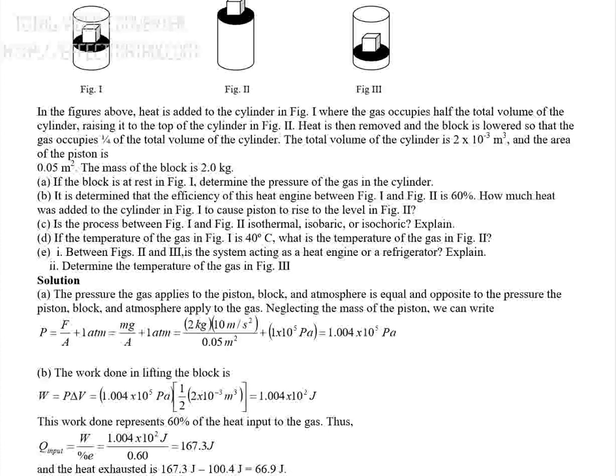The total volume of the cylinder is 2 times 10 to the power of -3 cubic meters, and the area of the piston is given, and the mass of the block is also given. In A, we are asked to determine, if the block is at rest in figure 1, the pressure of the gas in the cylinder.